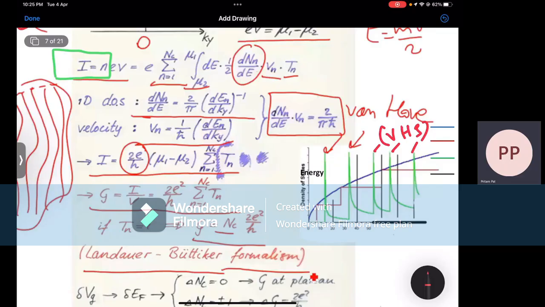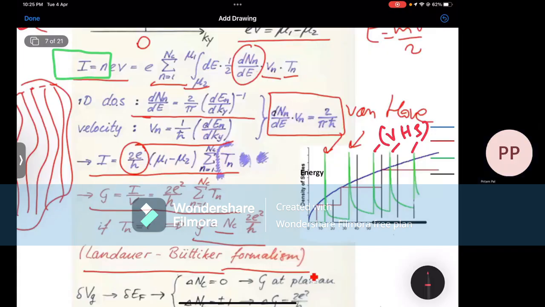The one-dimensional density of states we derived last time, though maybe not in this form, happens to be the inverse of the derivative of the dispersion relation. This is how you get the van Hove singularity.